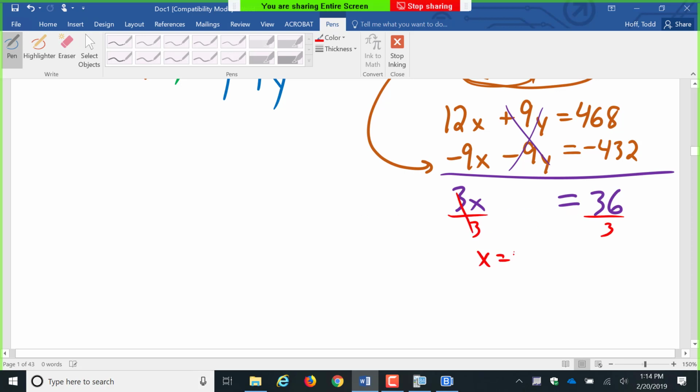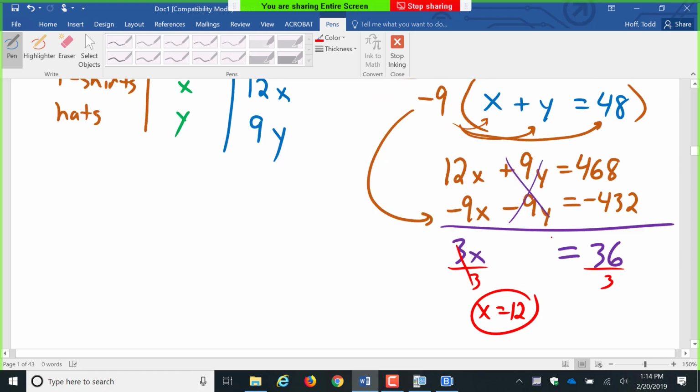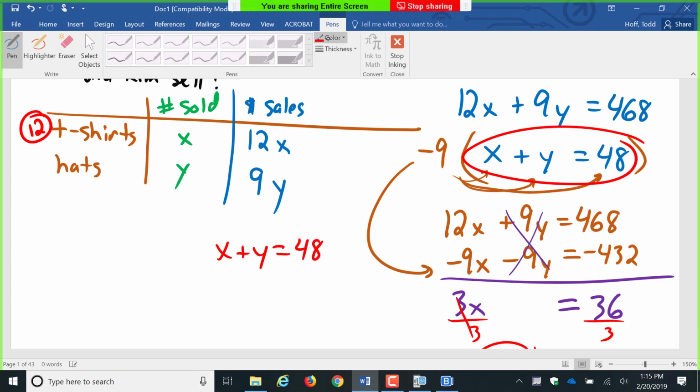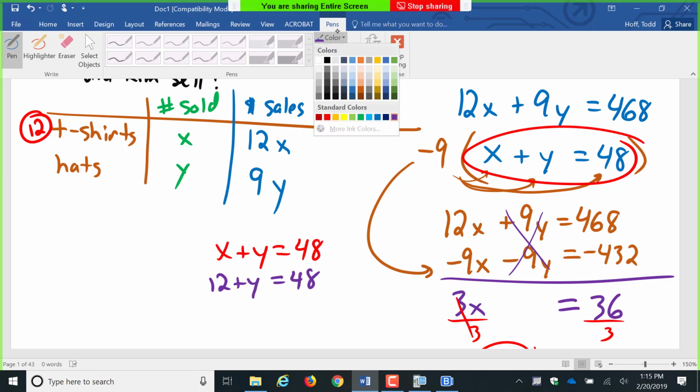Divide by 3 to get x equals 12. So there's 12 t-shirts sold. We still need to find the hats. We know that x plus y equals 48. So I put 12 plus y equals 48.